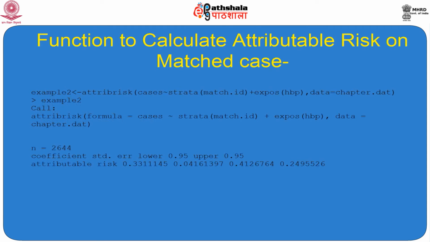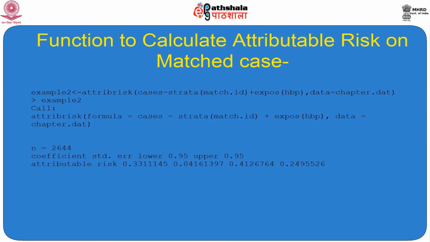Before that, we assigned this as example 2 with the function attributable risk for cases with strata of matching ID, plus exposure of HBP.